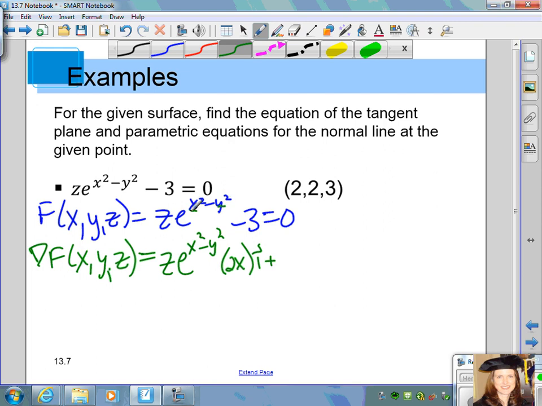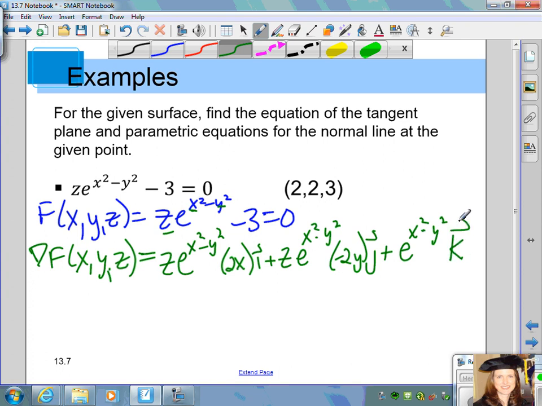Treat y as a variable and everything else as a constant to get z e to the x squared minus y squared times the derivative of the exponent, where you treat y as a variable, x as a constant. That derivative is negative 2y j, plus the partial derivative of all this with respect to z. Treat z as a variable and x and y as constants, and that is e to the x squared minus y squared, that times k.